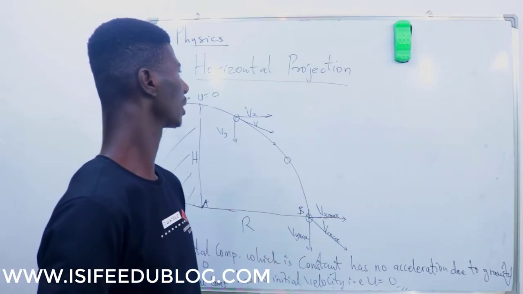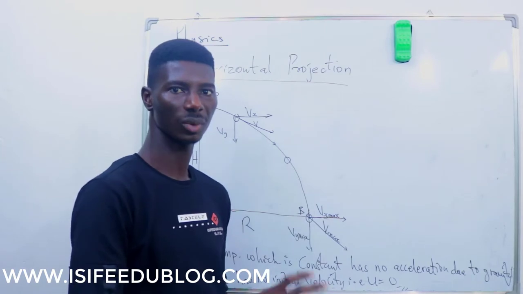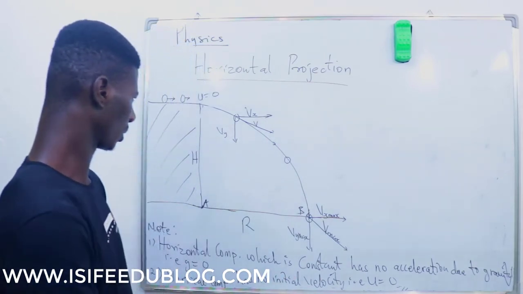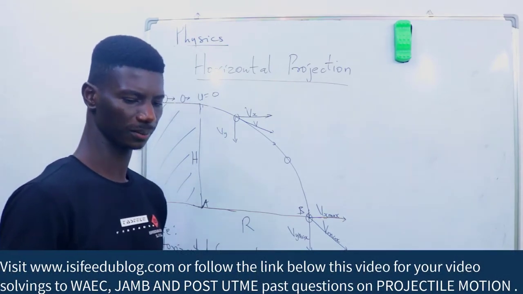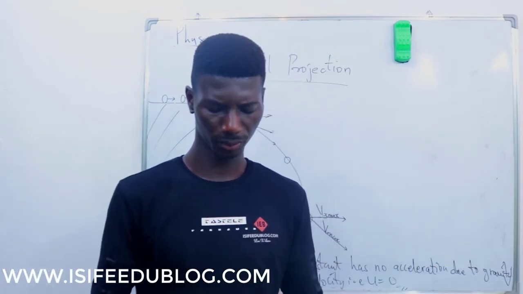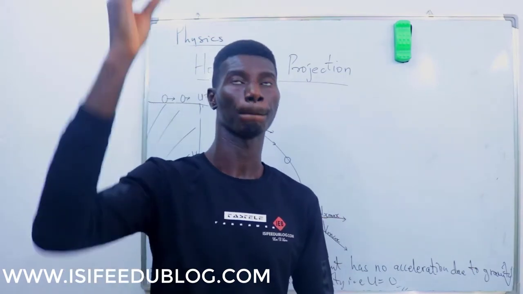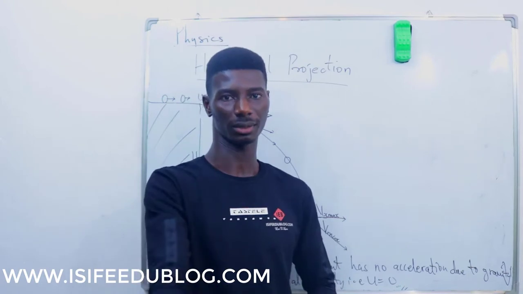Now, in today's video, we are going to treat this very well, just like we did in our previous video under vertical projection. The diagram here we have is, unlike vertical projection, where you are projecting upward, in horizontal projection you are projecting this way.